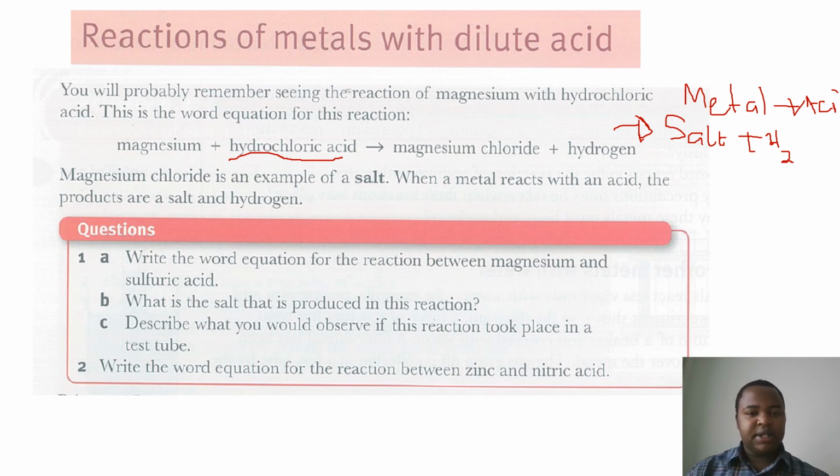If the acid is nitric acid, then it ends with nitrate. So that is all you need to remember. So magnesium, then the acid here is hydrochloric acid, then we get magnesium chloride. That is the salt, then plus hydrogen gas. So metals react with dilute acids to form salt plus hydrogen gas.